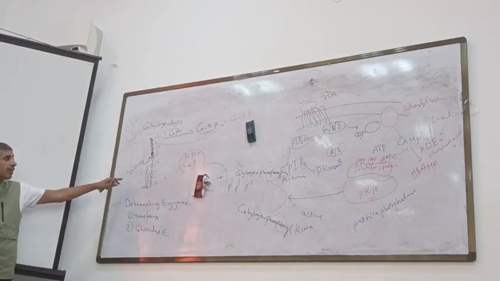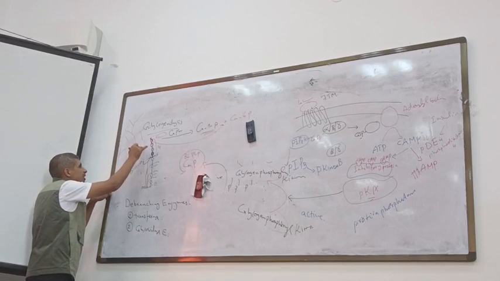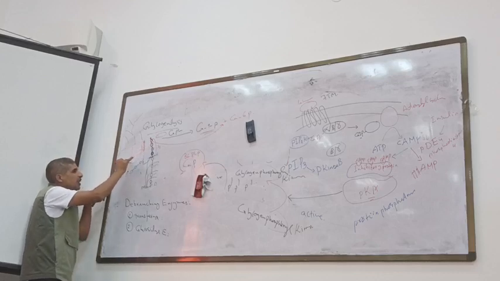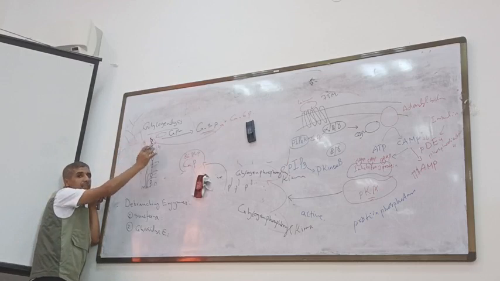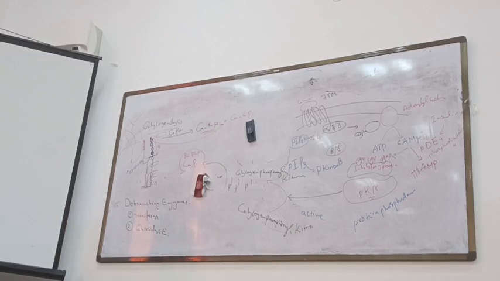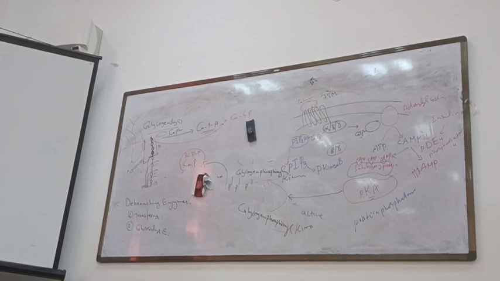Again, phosphorylation by glycogen phosphorylase until we reach the 4-molecule point. The transferase enzyme moves 3 glucose molecules to another chain.